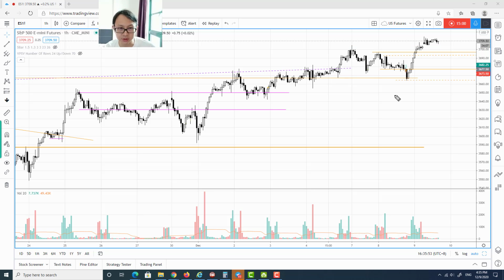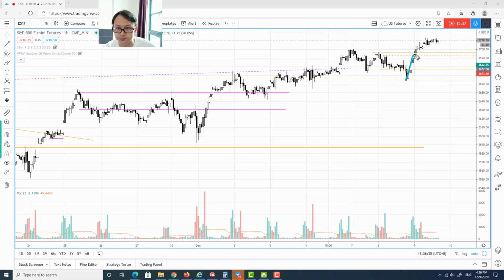If the price can stay above this support area, then I think there's a high chance for the continuation to test the higher target. Otherwise, if it breaks below this support level, then I think it will turn to a bearish view, at least for the very immediate time frame, because it's back in the trading range again. This is the trading range from 3700 to around 3660 or 3670. So that is the immediate trading range.